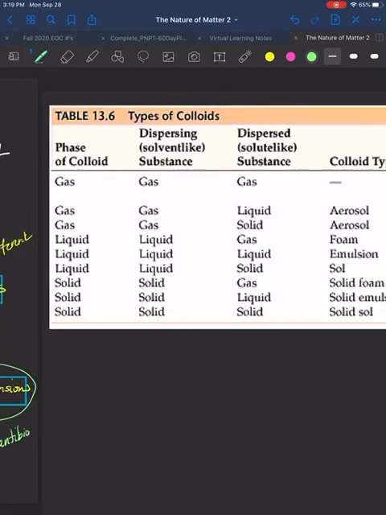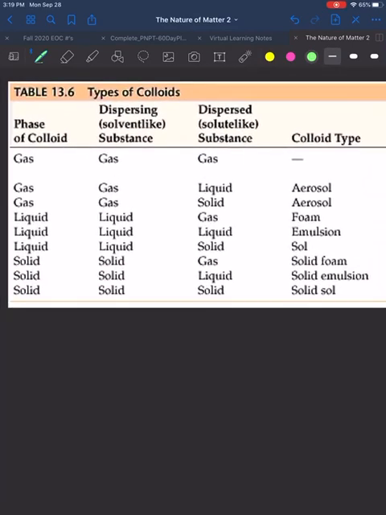We don't get a lot of discussion about colloids, so I like to show you all this graphic so that you can see the different kinds of things. We tend to refer to these kinds of mixtures a lot of the time as liquids, but as you can see from the chart, you can have two gases that mix together. So for example, and then what they're called, you can have a gas that is dissolved in another gas.